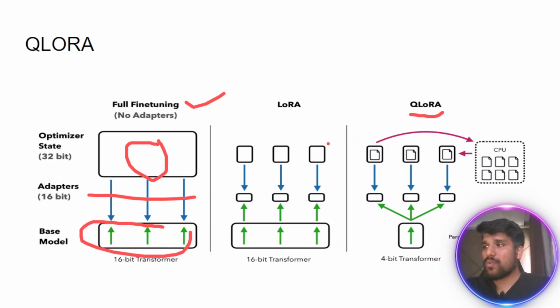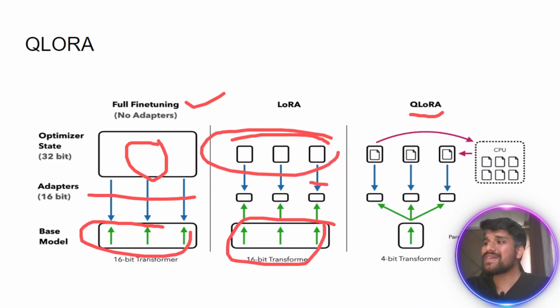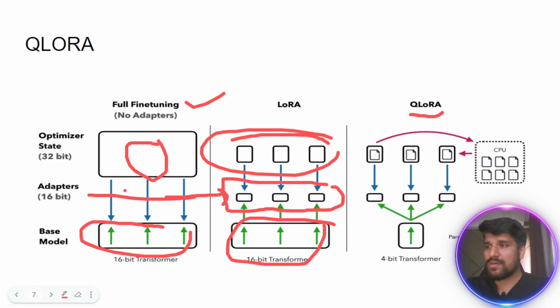In the case of LoRA, this is my 16-bit model, right? These are some optimizers, and on top of that we have one more matrix. This matrix is called an adapter. Sorry, in my previous setup there is no adapter, but in LoRA we are using an adapter of equal size to the original matrix, but it only has the trainable parameters for the new dataset, your own dataset.